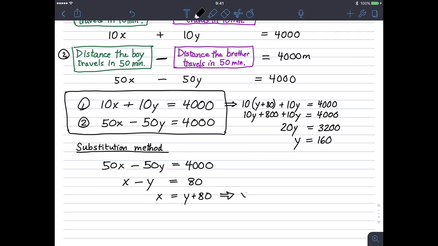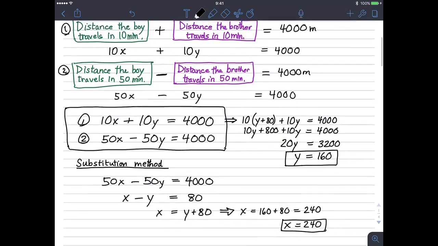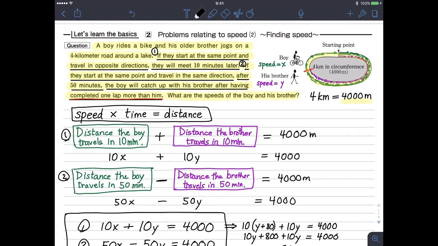Now since y equals 160, we can put that into the equation here at the bottom. Then x equals 160 plus 80 equals 240. So we have y equals 160 and x equals 240. But what are the units here? Remember, x and y are speed. The units for speed in this case are distance per unit time.